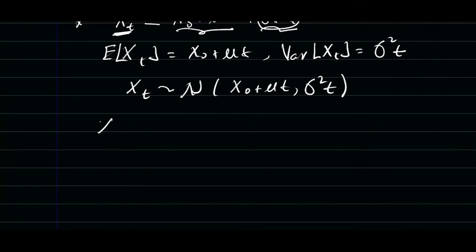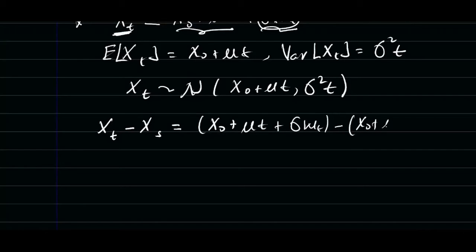If you look at the increment of this linear Brownian motion by direct calculation, it is x naught plus mu t plus sigma W t minus again x naught plus mu s plus sigma W s.